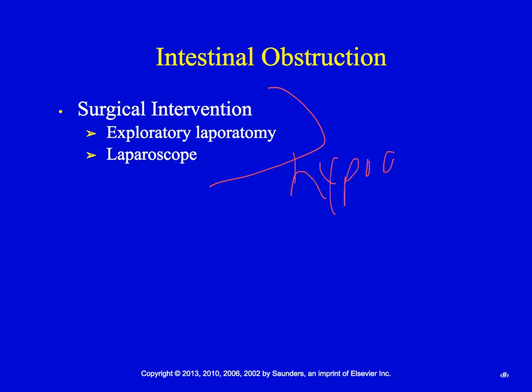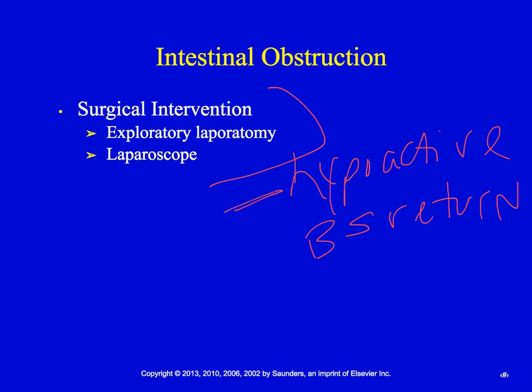But one thing that we're going to watch for is the return of bowel sounds within a day or two. And really monitor these patients for passing flatus, because the return of their bowel function is going to be really important. And then teach them to try to determine what caused the obstruction and maybe do some education to prevent it from happening again.